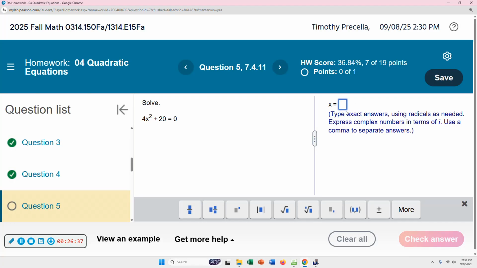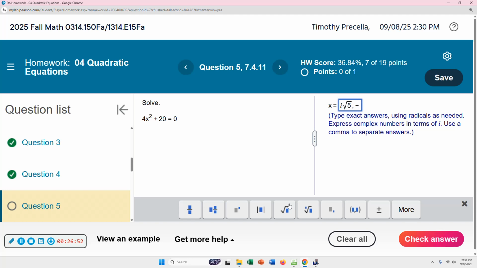I'm going to show y'all what I mean. If you, before the plus minus key, had to type it like this: i square root of 5, get out from under there, and put a comma, then negative i square root of 5. The reason I'm writing it like this is that if we had gotten it wrong, it's going to write the correct answer like this.